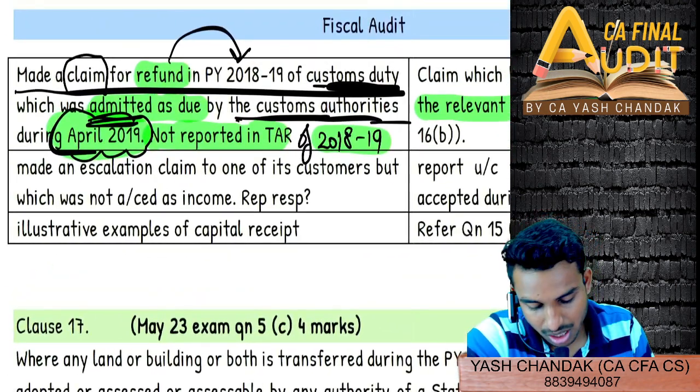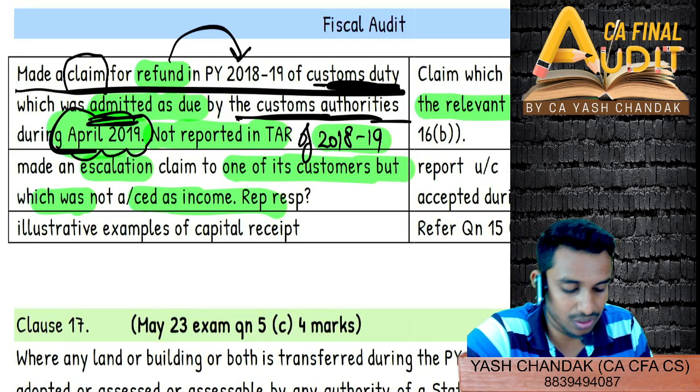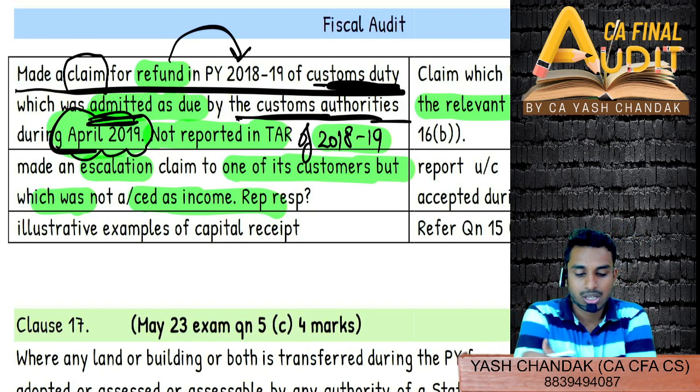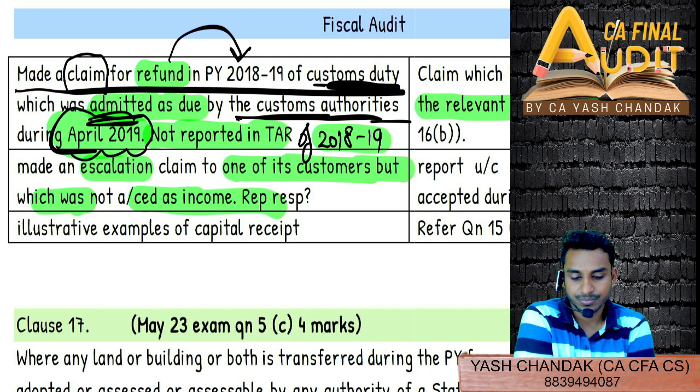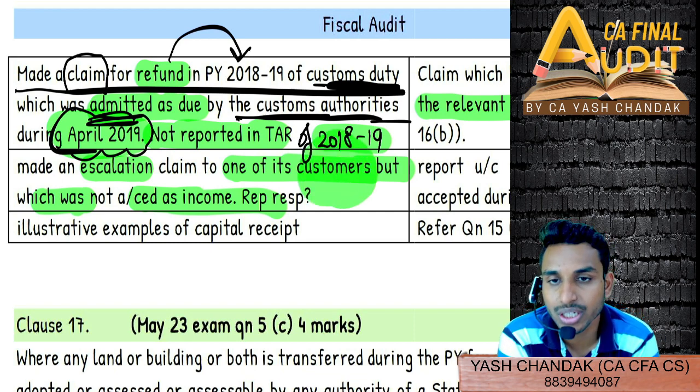Yes, sir. Then made an escalation claim to one of its customers but which was not accounted as income. Reporting responsibility again, Nikita, tell me. You have made an escalation claim to one of its customers. When will you report this in your tax audit report?